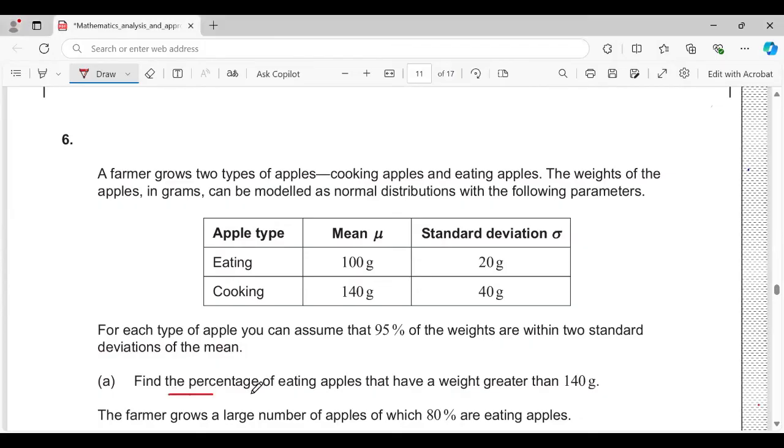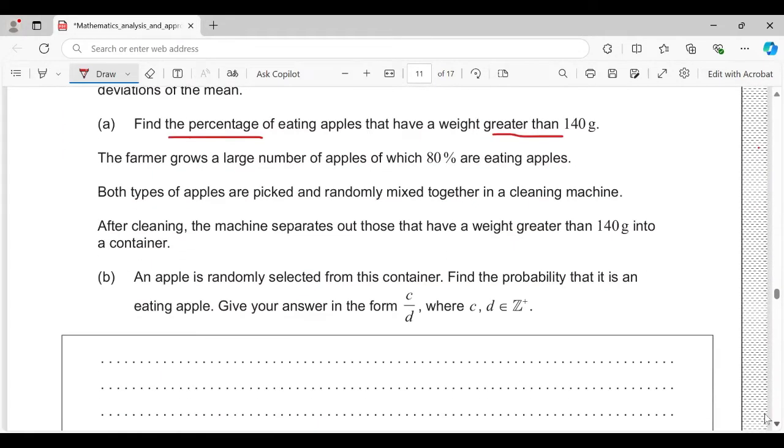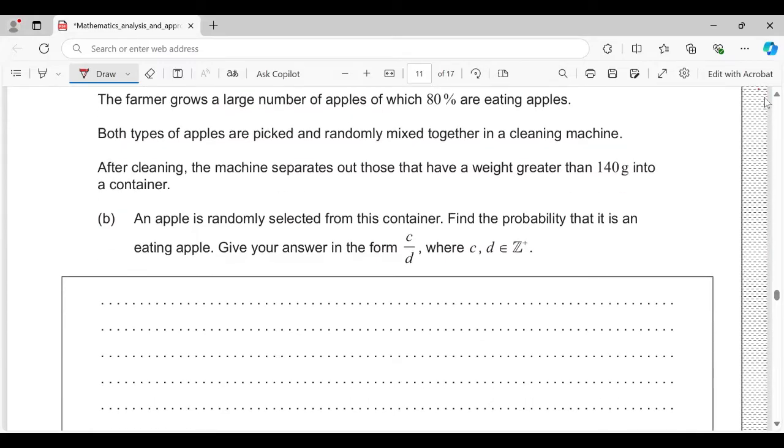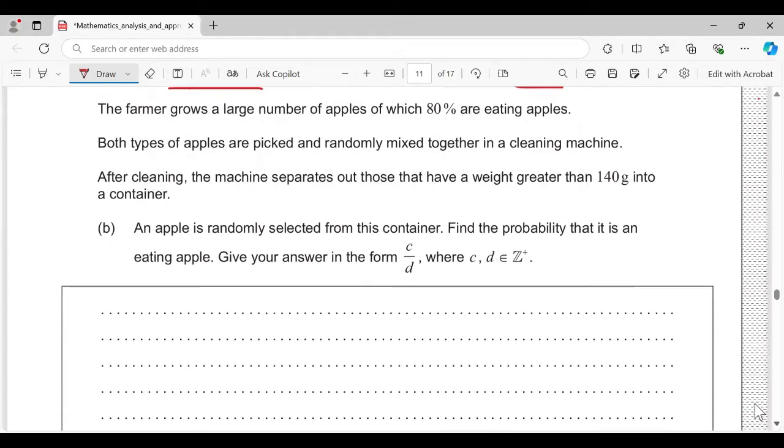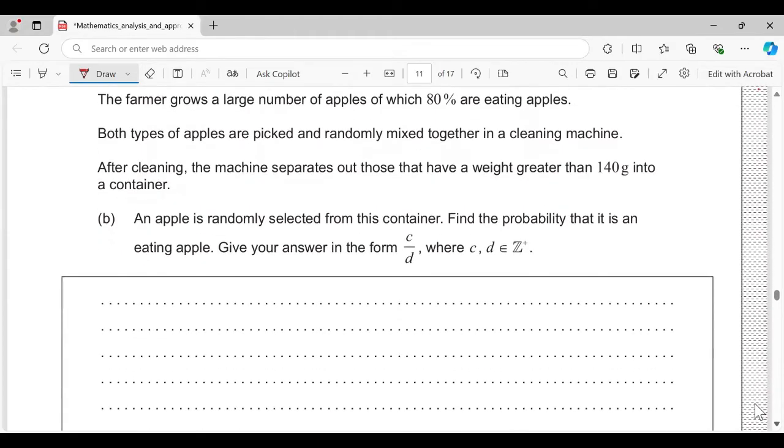Find the percentage of eating apples that have a weight greater than 140 grams. Okay, so I have to find the probability first and then convert using the table, right?